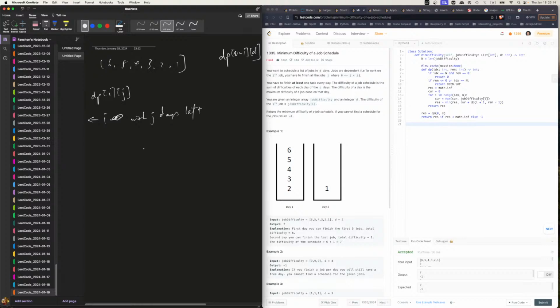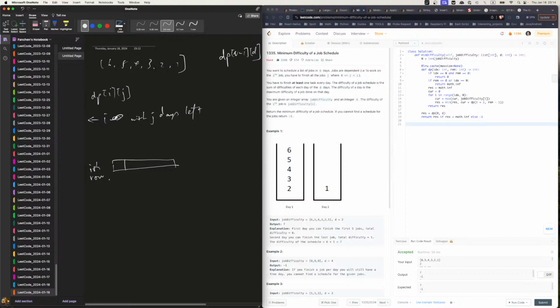So this is the ith row, and then we'll have j days left. So if we have 0 days left, maybe we need to go back to front. What do you think? Yeah, we need to go back to front.